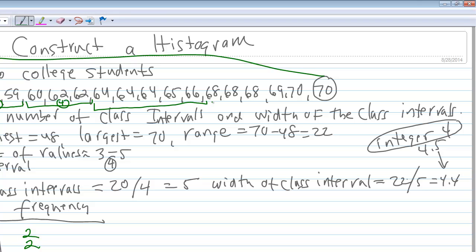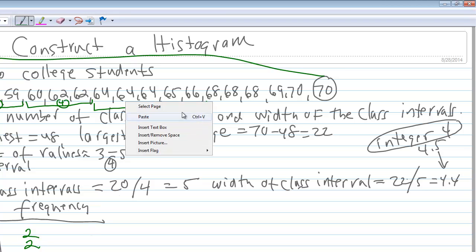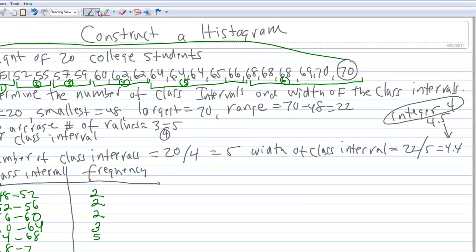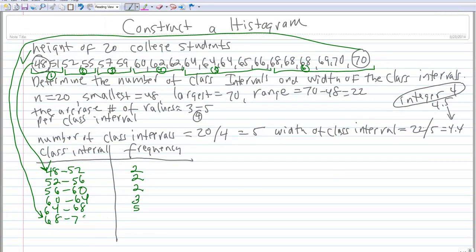Finally, 68, sorry, this should be 68 to 72. So we made a mistake here. This last class interval should go up to 72. We see that there was 6. As a check, when we add all these together, we should get 20, which we do.